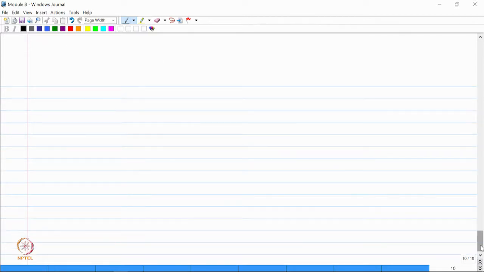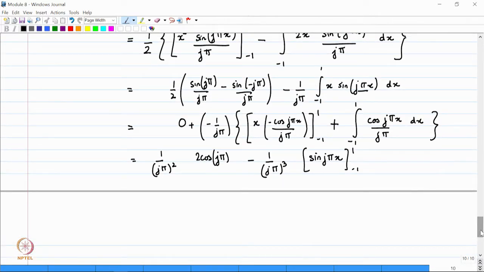And now, what I will get is 2 cosine of j pi divided by j pi square minus, now sin j pi x of course will go to 0. Sin j pi and sin minus j pi are 0. So, we will just get this.